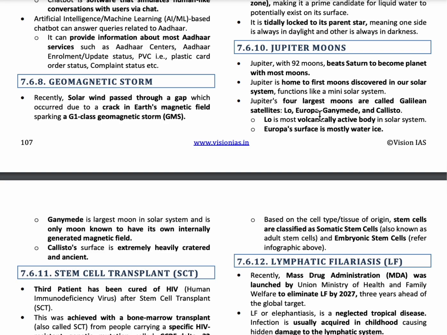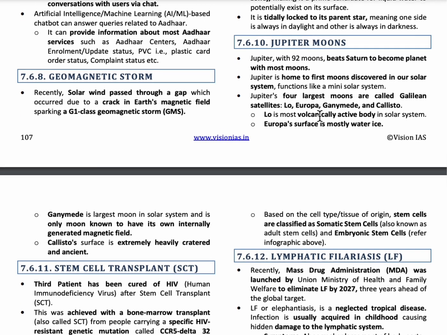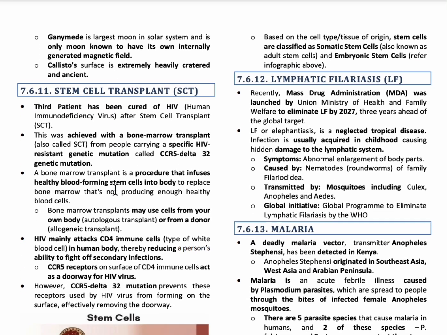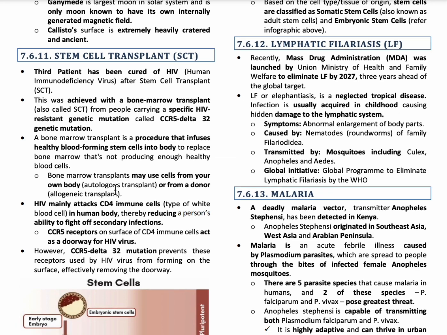Europa's surface is mostly watery ice, and Ganymede is the largest moon in the solar system, and it is the only one known to have its own internally generated magnetic field. Callisto's surface is extremely heavily cratered and ancient.